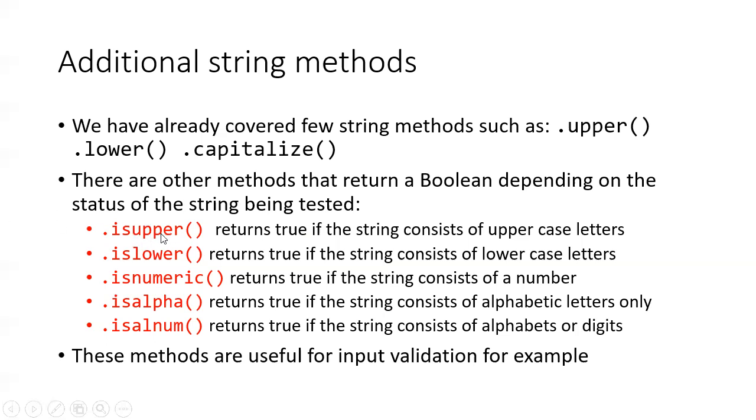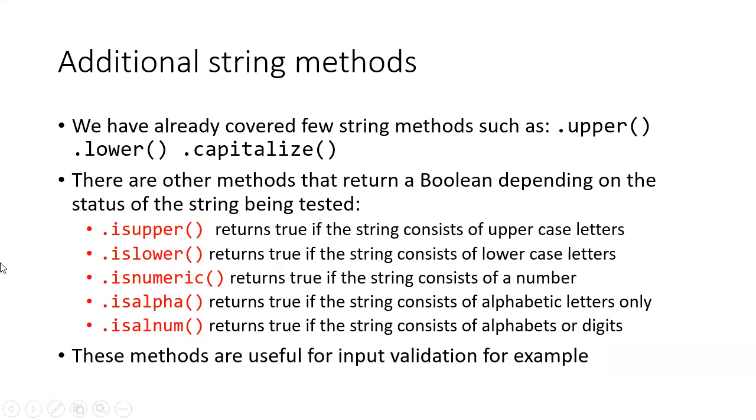But also we can know if something is upper or not. What these functions do, they are Boolean functions. Now, you know what Boolean means now, I think. Boolean means that it's going to return only two possible values. It's either going to be true or false. And so when we use these functions, it'll be true if the string is all uppercase letters. Is upper is going to be true if they're all uppercase letters. Is lower is going to be true if they're all lowercase letters.